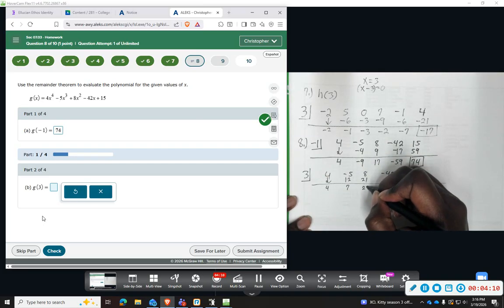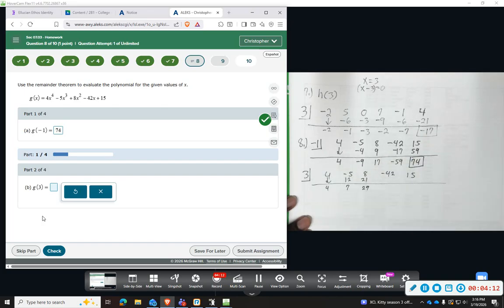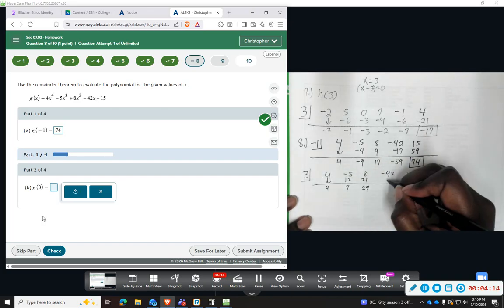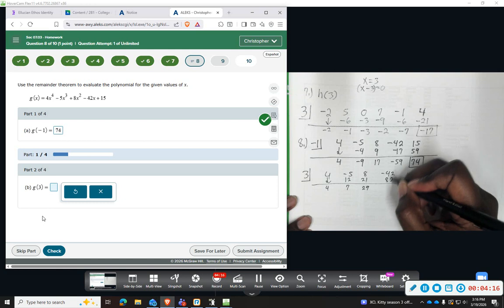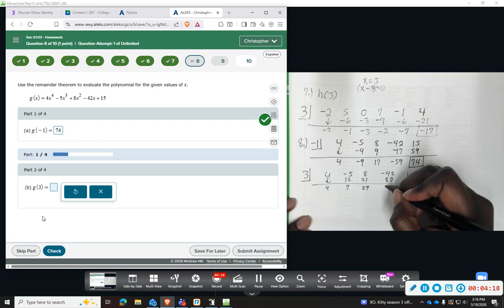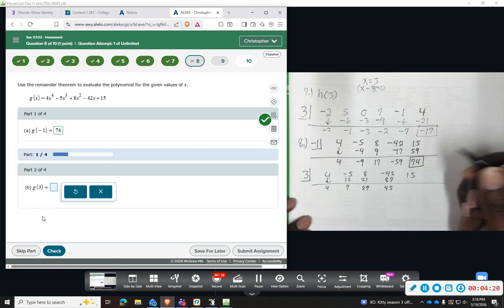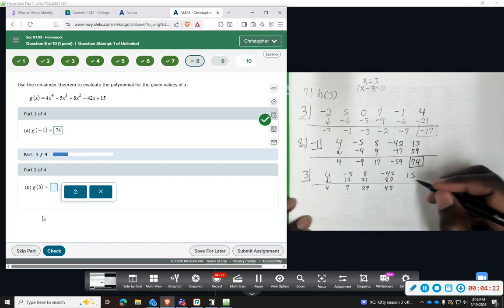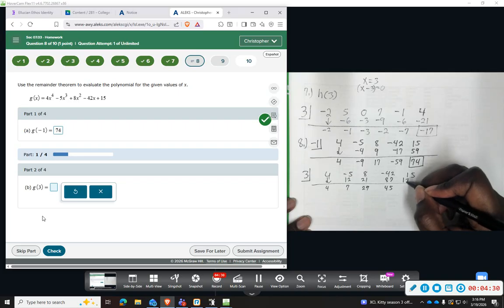We get 29. 3 times 29 gives us 87. We would subtract, and that will give us 45. And then 3 times 45 is 135. And then this gives us 150.